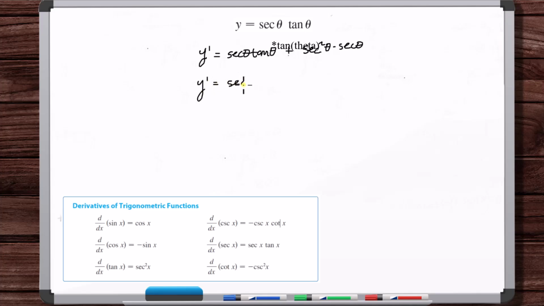So we've got secant theta tangent theta plus secant cubed theta. Okay, so we can factor out a secant theta, and we're left with secant squared theta plus tangent theta, and that's the derivative.